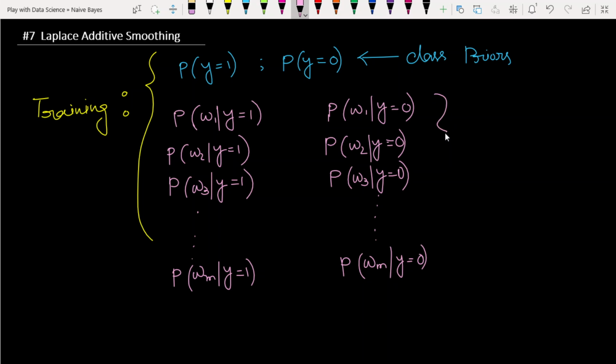This is what we simply call our likelihood probability. We have seen this in the previous lecture, and I am just repeating it again.